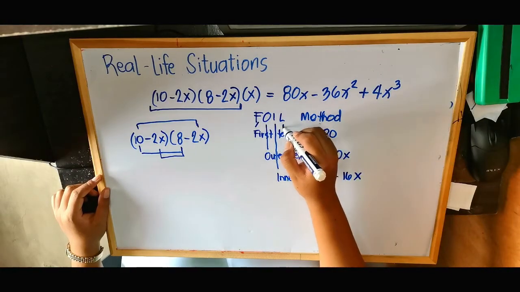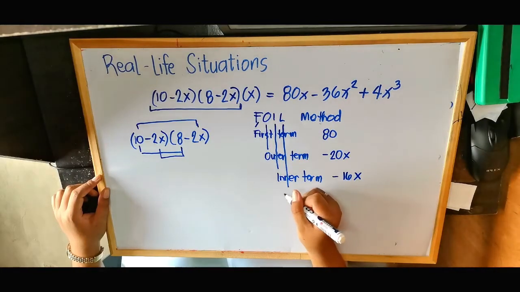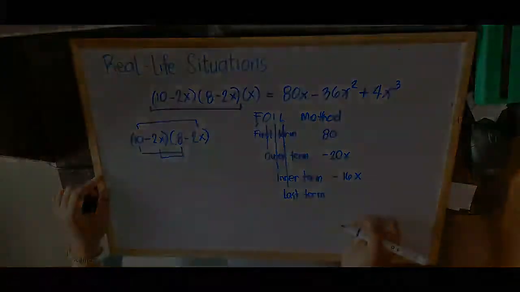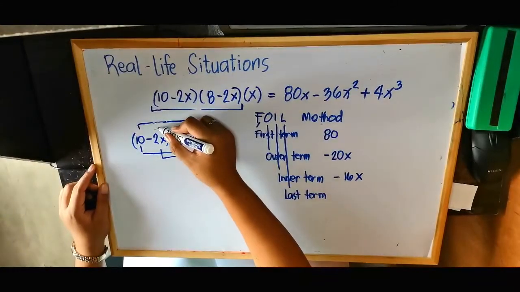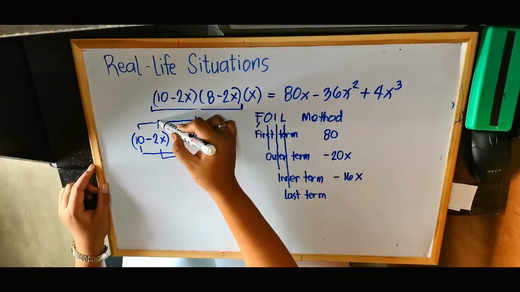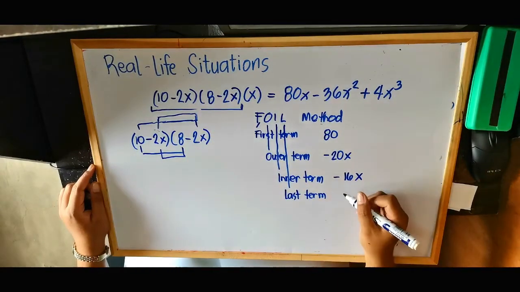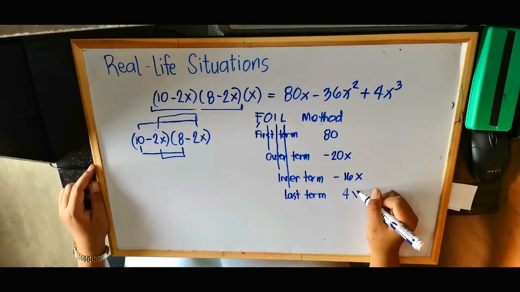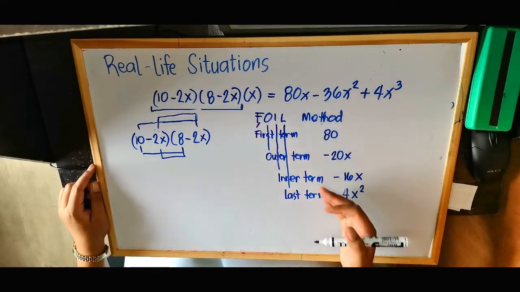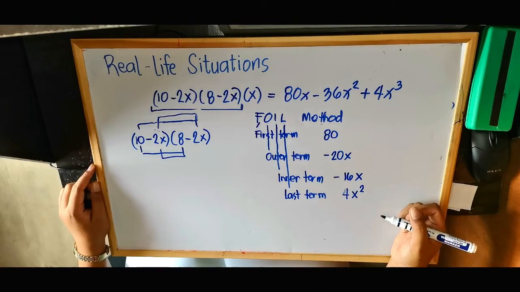And then, for the last, we have the last terms. So, who are the last terms? We have negative 2x and negative 2x. Negative 2x multiplied by negative 2x, we have positive 4x squared. So, after multiplying the first, outer, inner, and last terms, we have to combine like terms.